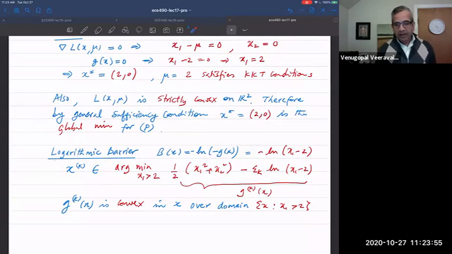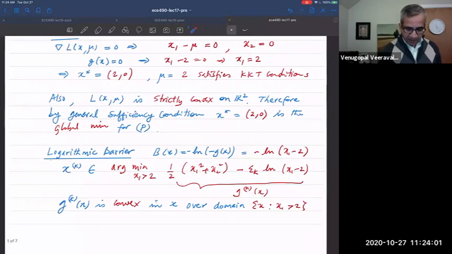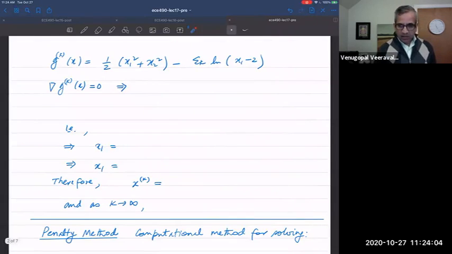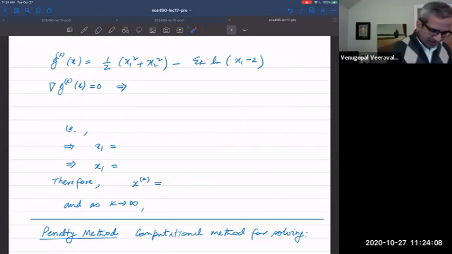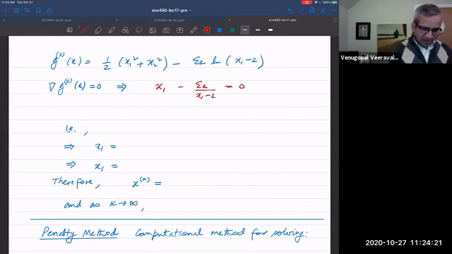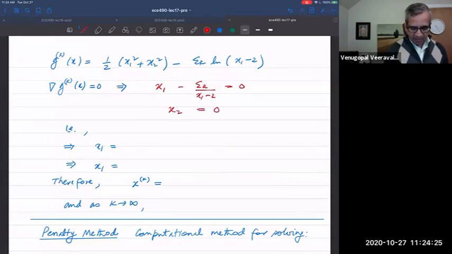So we can find the solution to this problem by just taking the gradient of g and setting it equal to 0. The derivative with respect to x1 is this, set that equal to 0, and the derivative with respect to x2 is just x2.